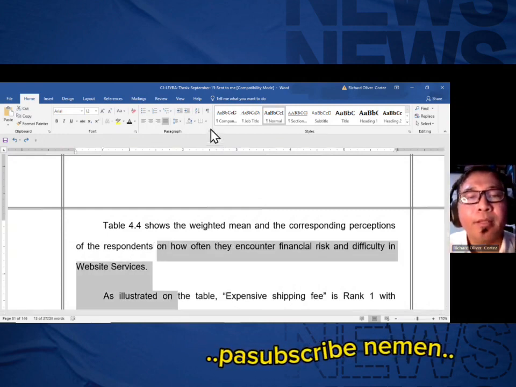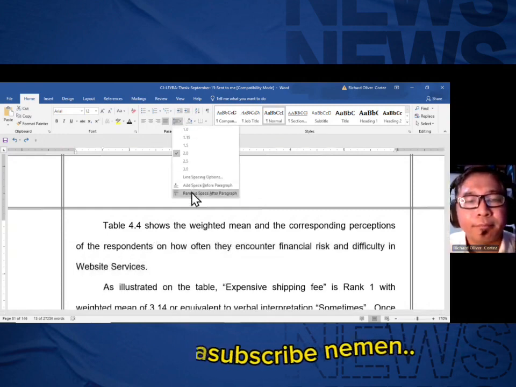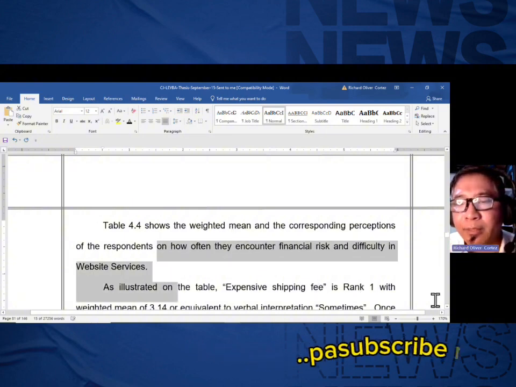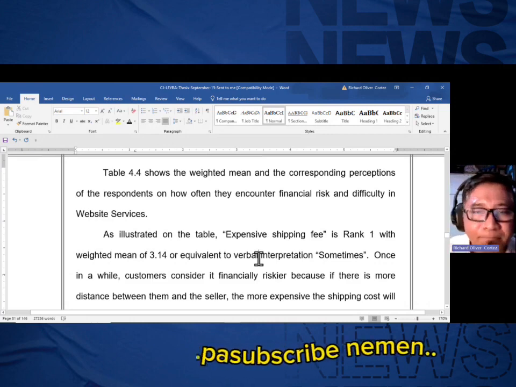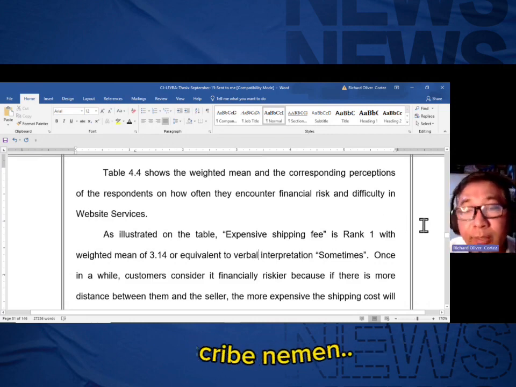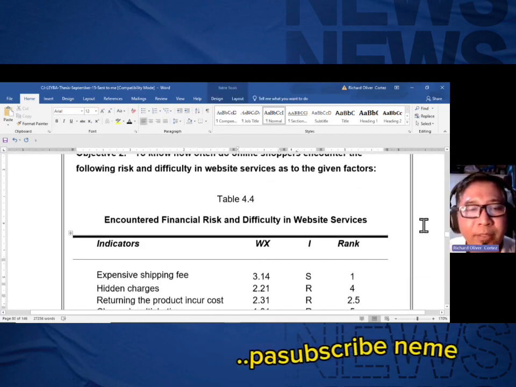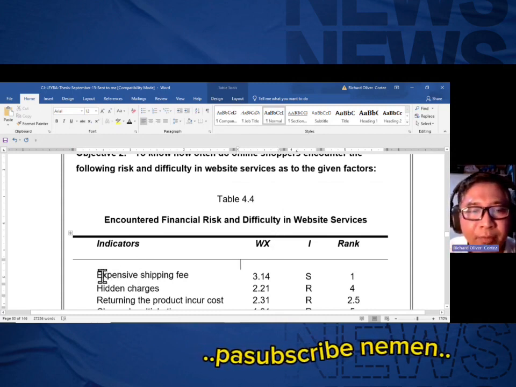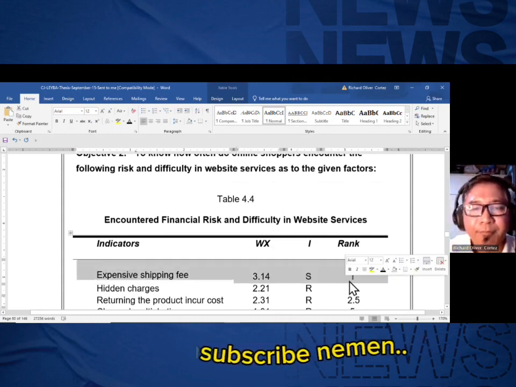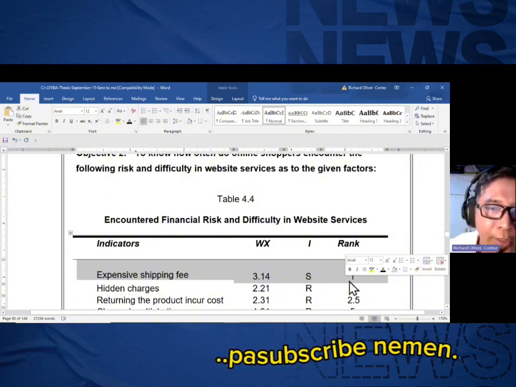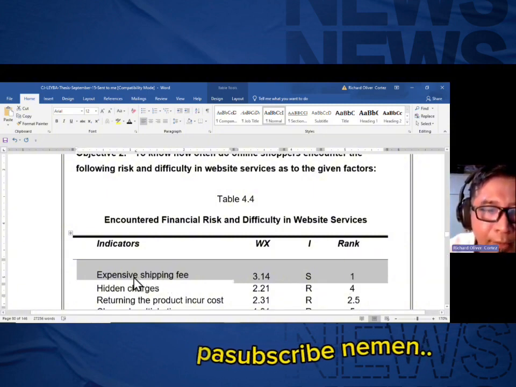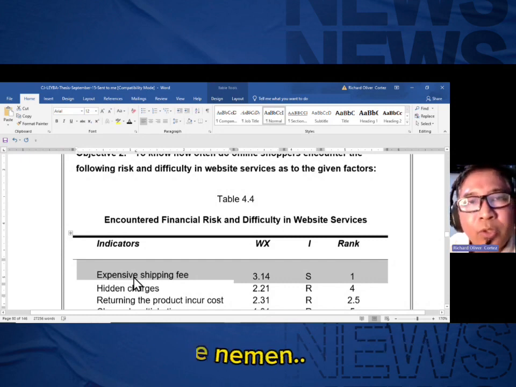Okay. And paragraph number 2, we're going to discuss yung rank number 1. Ang rank number 1 natin is expensive shipping fee. In your discussion below the table, you will mention the indicator to be enclosed in open and closed quotation mark.